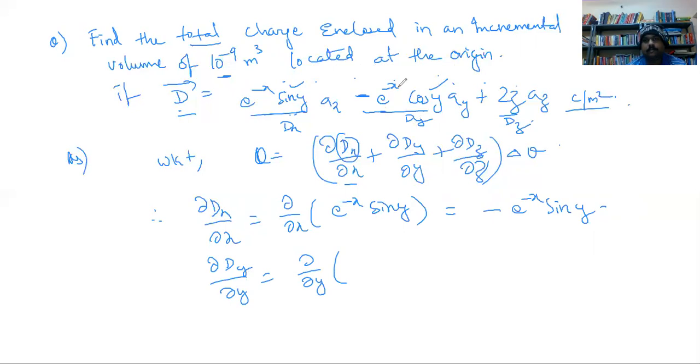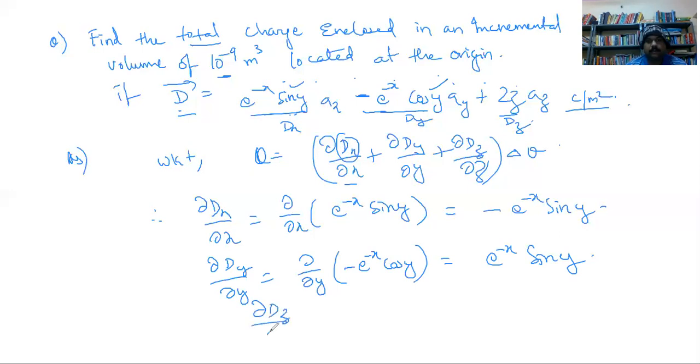So minus e raised to minus x cos y. What does this become? e raised to minus x into sin y, because dou by dou y of cos y is minus sin y, so minus minus gets cancelled.